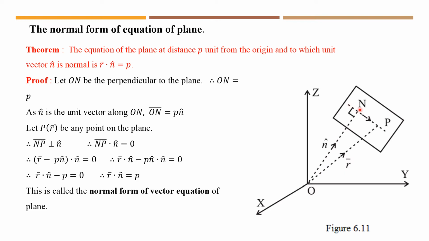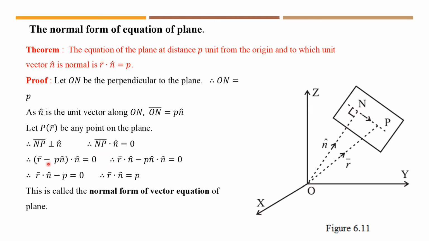Therefore, ON is perpendicular to NP. Hence, NP is perpendicular to ON. n cap is the unit vector along ON. Therefore, NP vector is perpendicular to n cap. Hence, NP vector dot n cap equal to 0. Their dot product is 0.